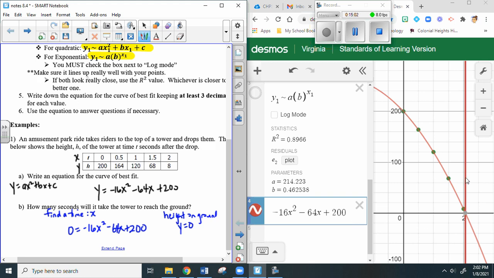And so you should see this line on your graph, all right? And it should intersect the original curve at the x-axis, okay?